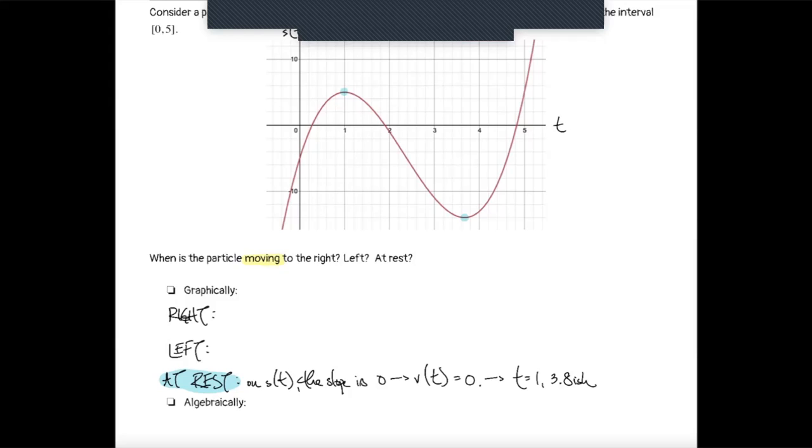Okay, so if you were explaining your reasoning on this, like when is the particle at rest, you could say the particle is at rest when its velocity, meaning the particle's velocity, is equal to 0. On a position graph, this corresponds to where or when the slope is equal to 0.